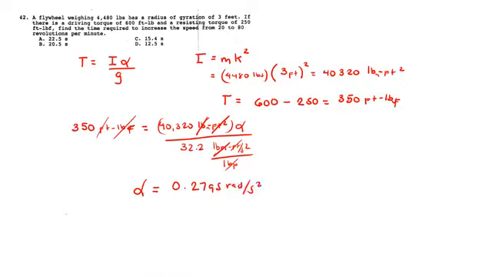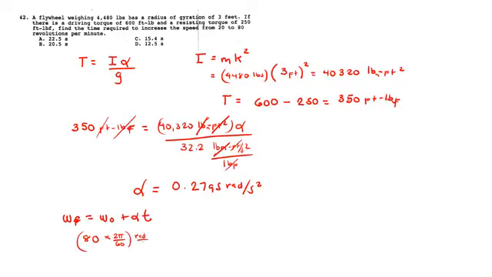Then para makuha natin si time, may formula tayo, omega final is equals to omega zero plus alpha times time. Ilan yung omega final natin? 80 revolutions per minute, times, since revolution, i-convert natin into radians per second, times 2 pi rad per revolution over 60 para maging radians per second.